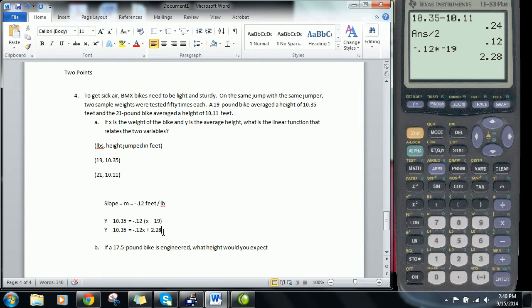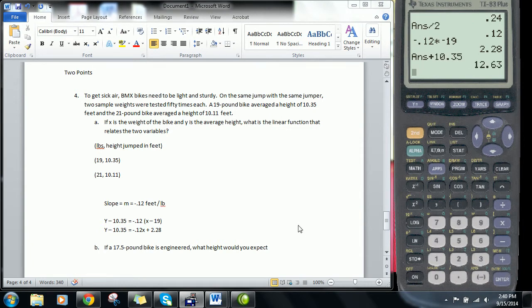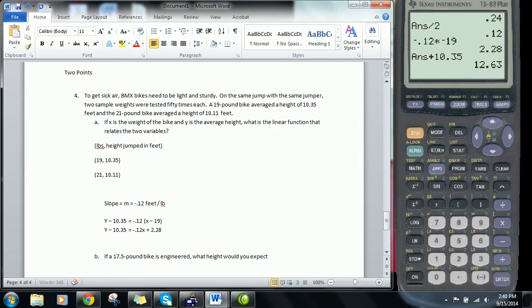Now I'm going to add this 10.35, and that's going to give me my magical y-intercept. So what I'm really doing is y equals negative 0.12x plus 12.63. Okay, that is my linear function that runs through those 2 points.